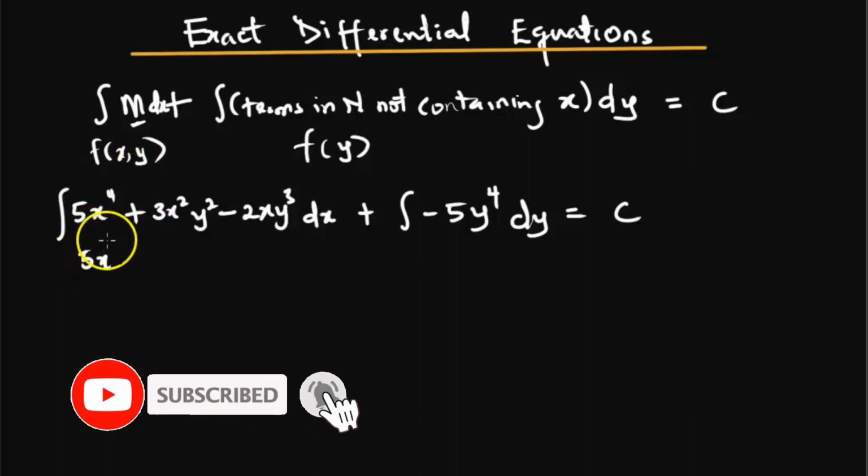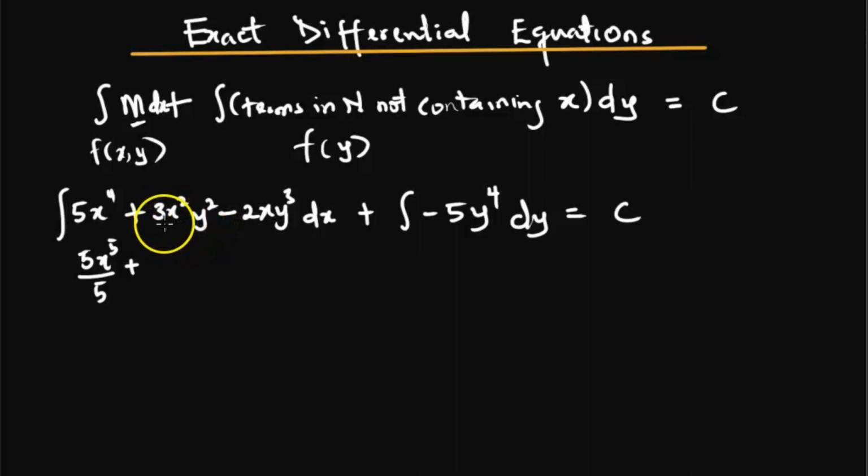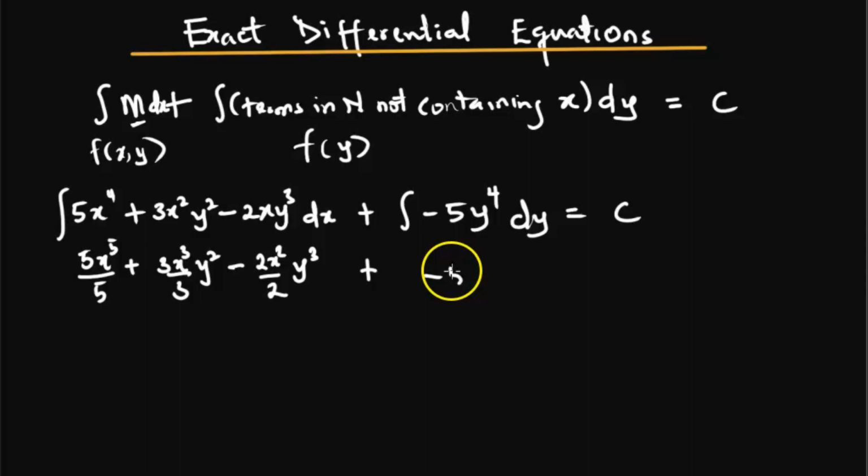So we have 5x^5 over 5, plus, integrating with respect to x, we keep y constant, so 3x^3 over 3 times y^2, minus 2x^2 over 2 times y^3, keeping y constant. Plus, integrate this, we have minus 5y^5 over 5 equals c.